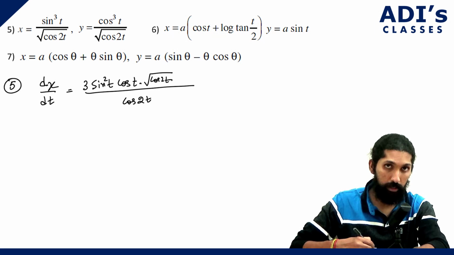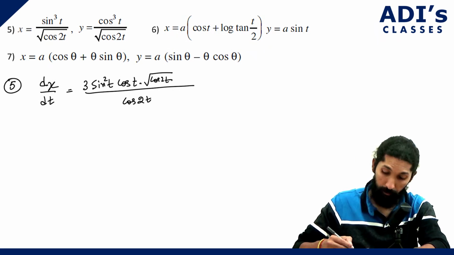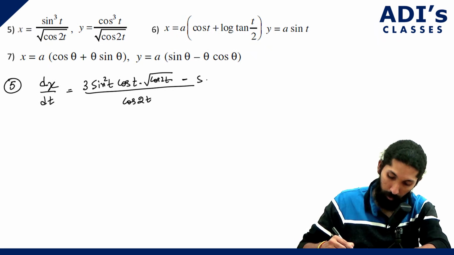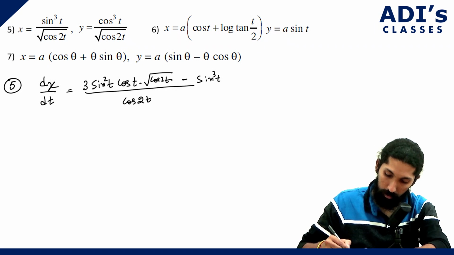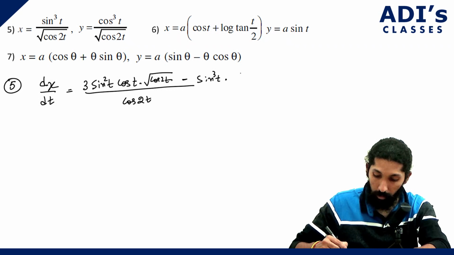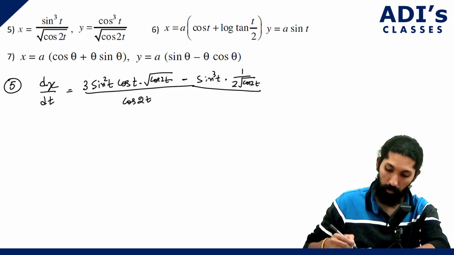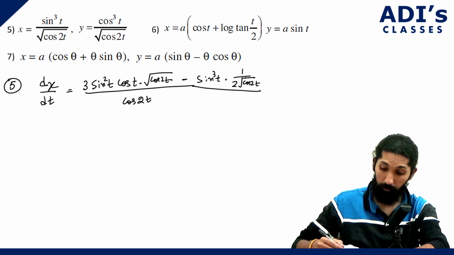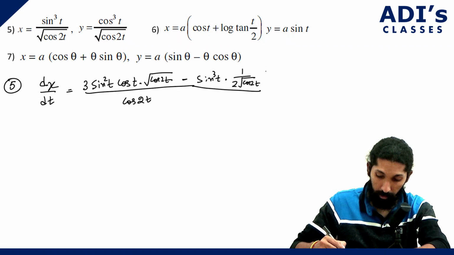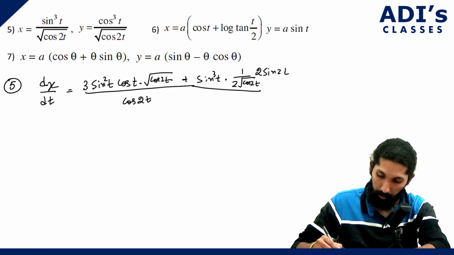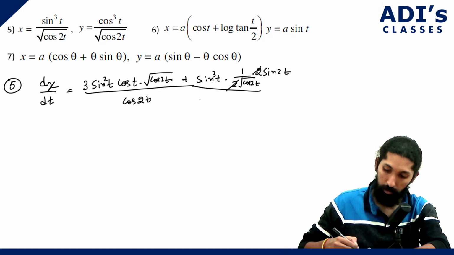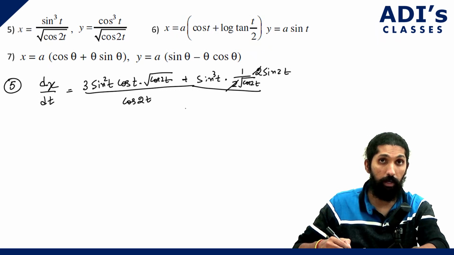The first part, that is u dash v, minus u, sine cube t into 1 by 2 root cos 2t. So this is the first part. 1 by 2 root cos 2t into 2 sine 2t. Alright, this is what we have right now.